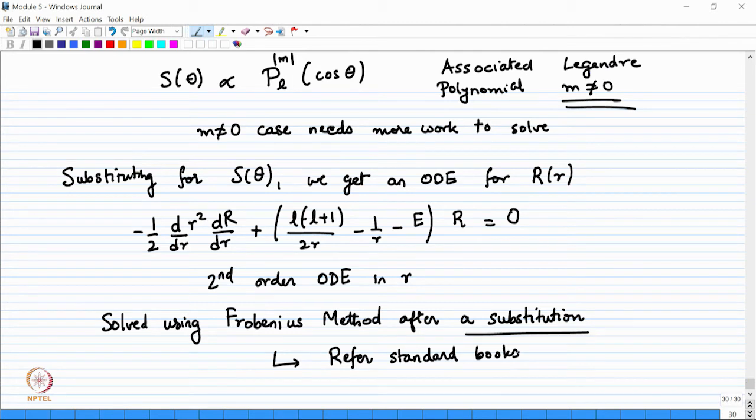This is done in Macquarie, Mathematical Methods, second edition, which has this topic. It is also there in standard quantum mechanics books and quantum chemistry books.